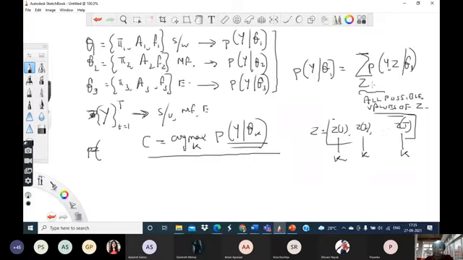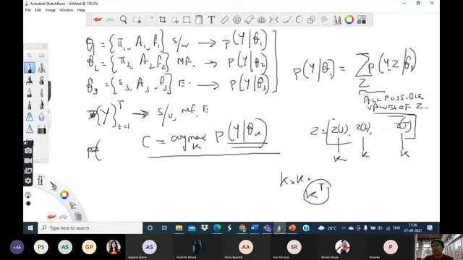So Z1 can take K values. Z2 can take K values. Z3 can take K values, etc. And they are all different. So basically it becomes K into K into K, so it's K to the power T. These many possible values this thing Z can take. So you can understand that this is not such a simple thing. If K and T are high, then you'll have to do a huge amount of calculations.